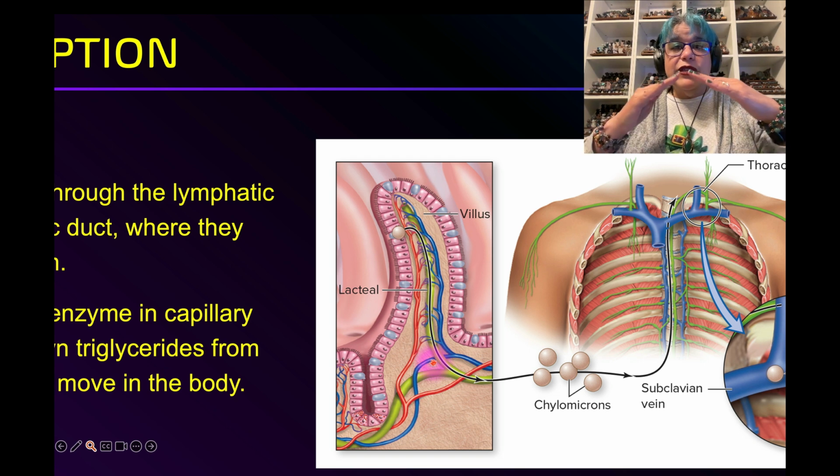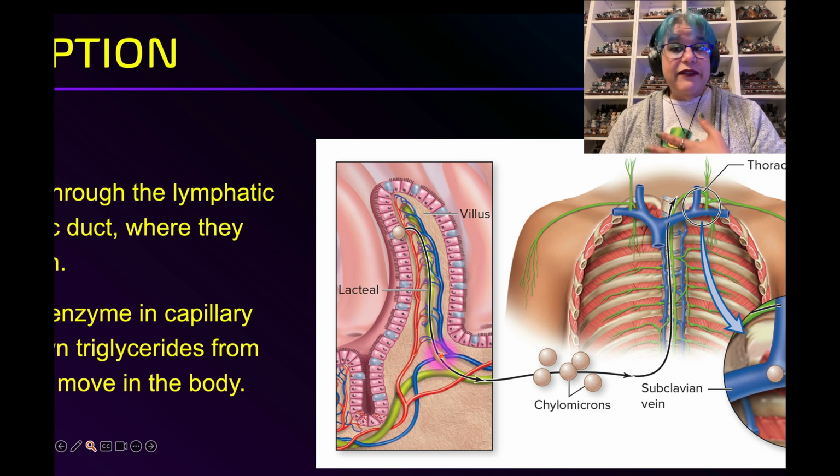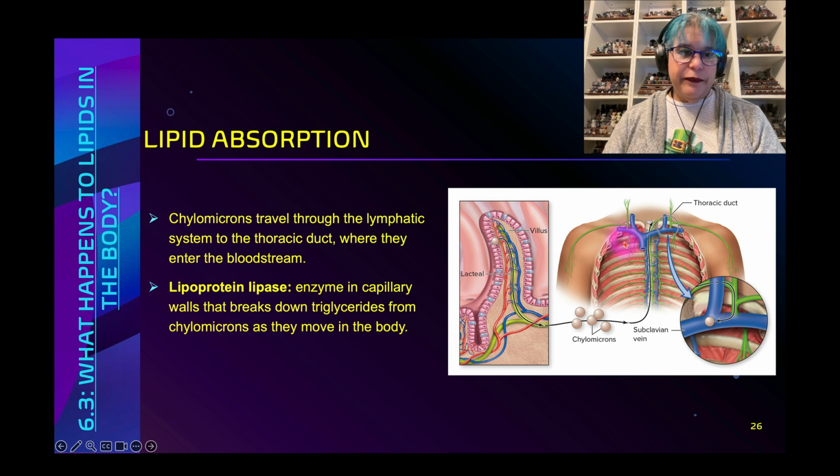The lacteals have these trap doors that open and make a lot bigger openings, which means it is a lot easier to get this chylomicron into the lacteal. Now the lacteal eventually does, through this kind of detoured route, end up dumping back into my circulation. But it has to take this detour in order to get back to that general circulation.